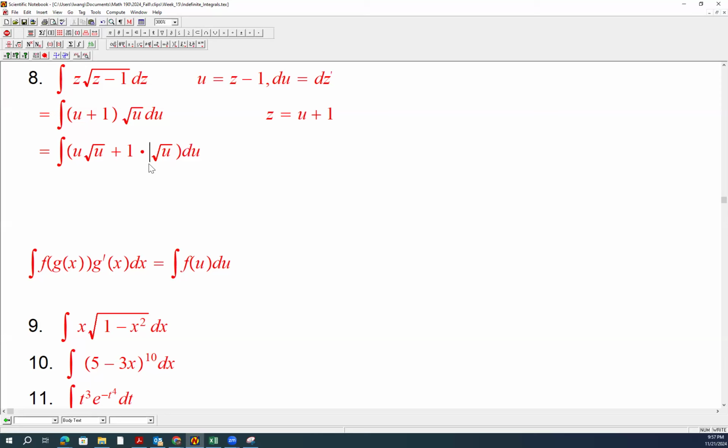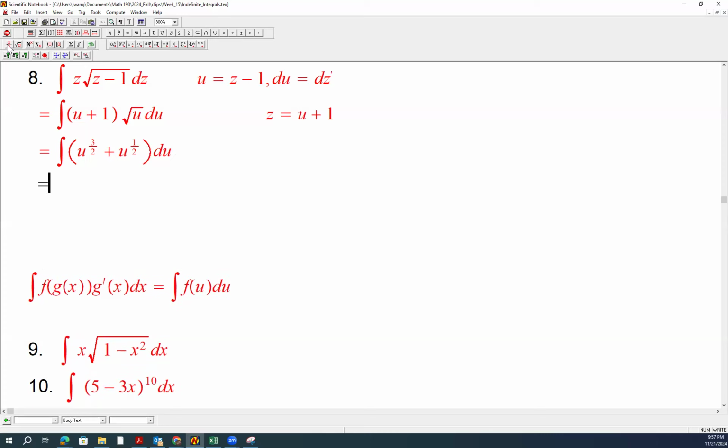So that way, we got u raised to the power of root u times u, that's root u to the power of 3/2. And this piece will be, of course, u raised to the power of half. So we can use power rule to finish.